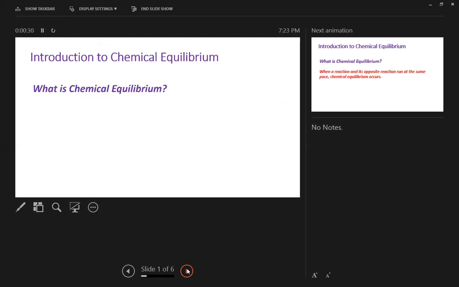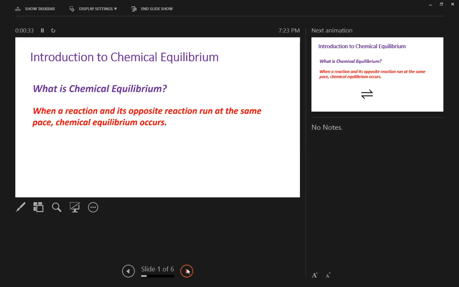What is chemical equilibrium? When a reaction and its opposite reaction run at the same pace, chemical equilibrium occurs. Now, what does this mean? It means you have a representation where a reaction goes in one direction and in the reverse direction at the same time.